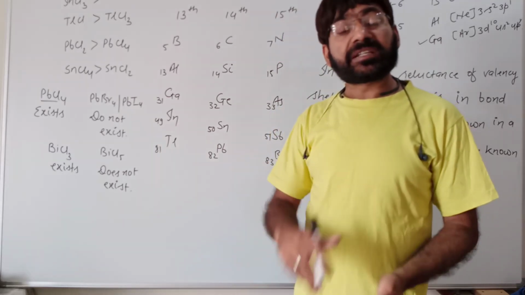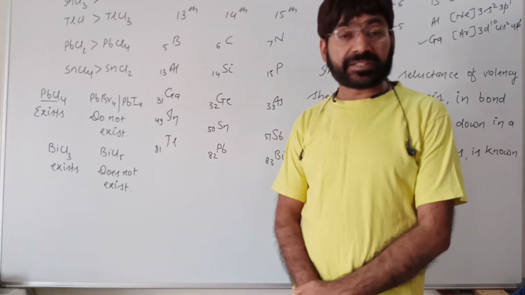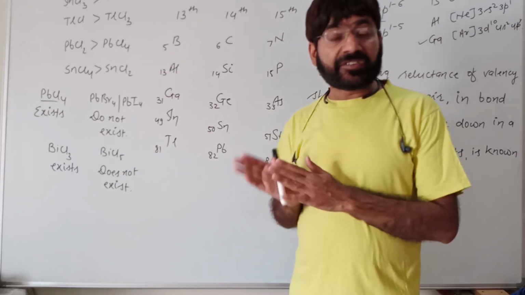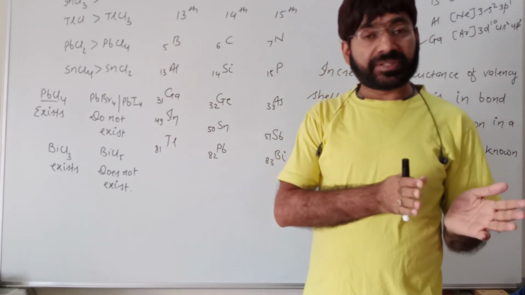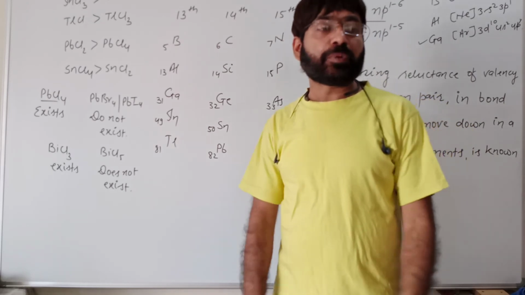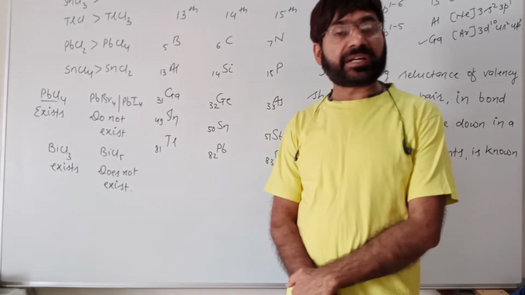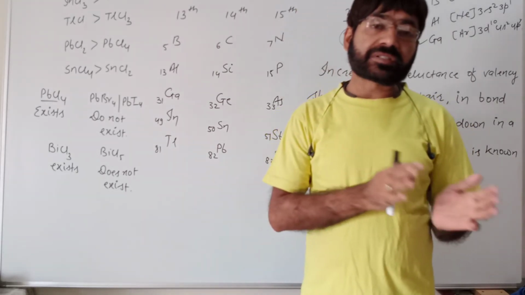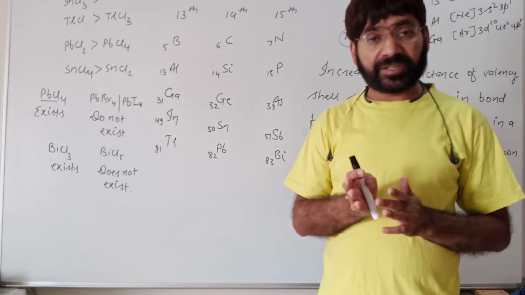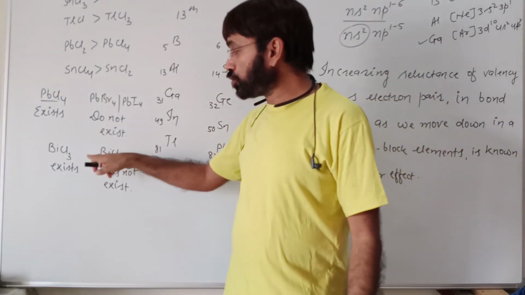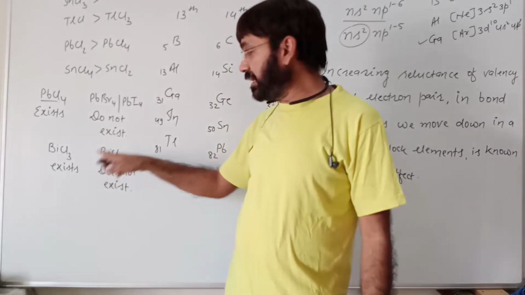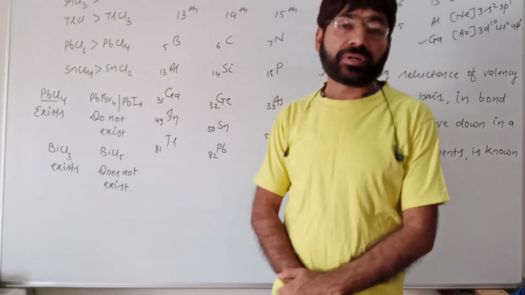So those are good oxidizing agents, because from +5 they will try to enter into +3. Bi2O5 is a very powerful oxidizing agent, and the reason is that for bismuth, the +3 oxidation state is more stable than +5. For chloride, it is true that BiCl3 exists while BiCl5 does not exist.